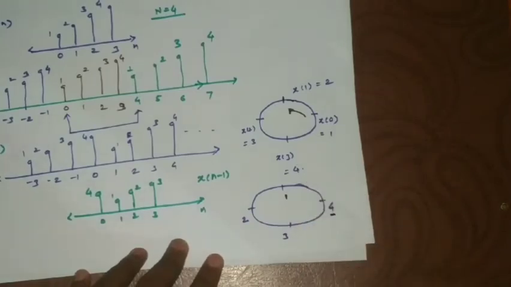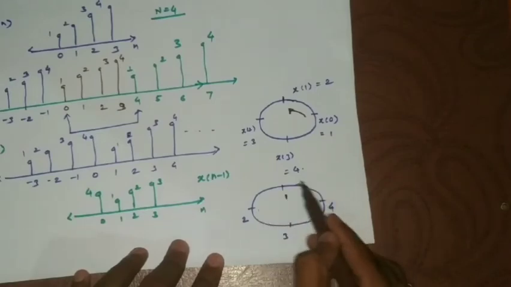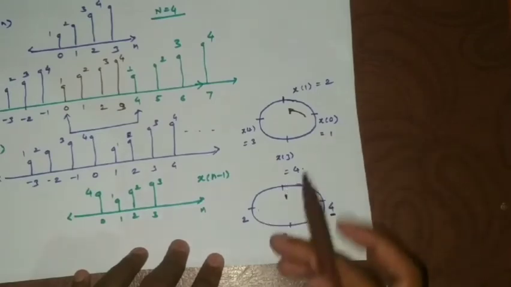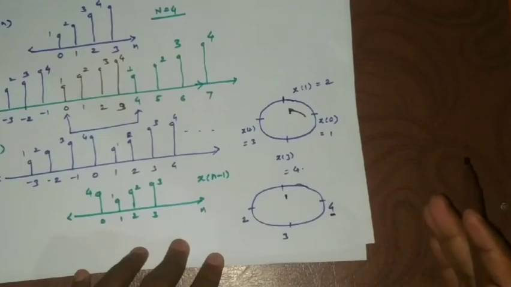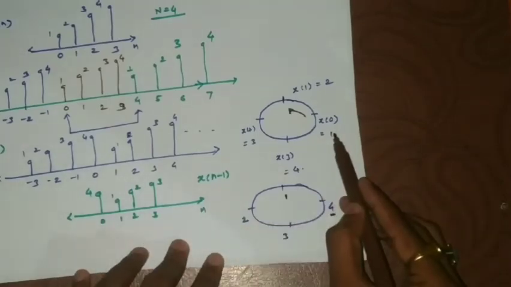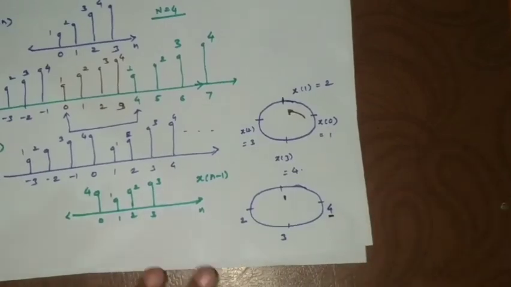Similarly, when you shift it by 2 units, this one will go here, 2 3 4 will be here. When we shift it by 3 units, definitely 1 will be here and 4 will be here. And when we shift it by 4 units, we will get the same sequence. That means when we complete 4 samples, we will get the original function.